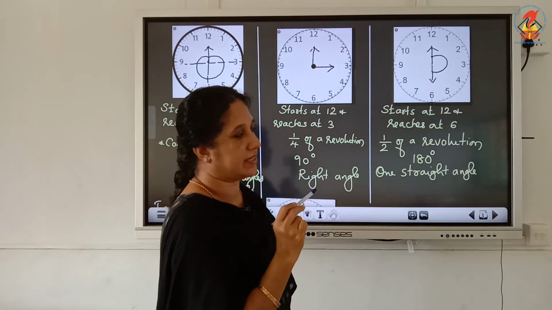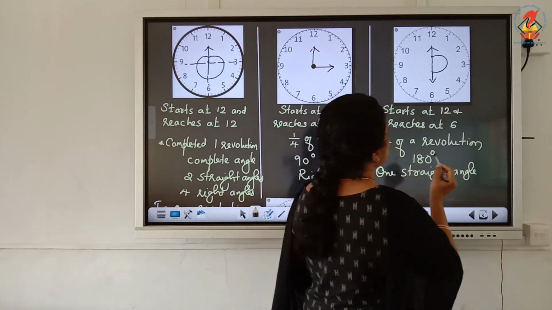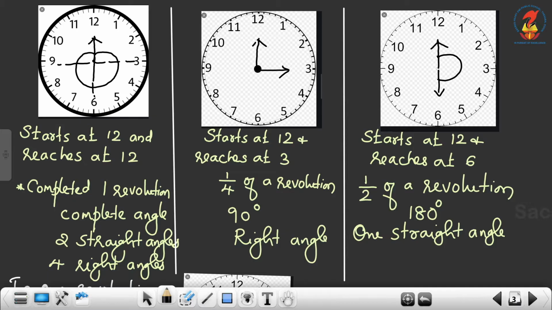It is 180 degrees. And we can say that it is half of a revolution. So, when the hand of a clock starts at 12 and reaches 6, it will be half of a revolution. And the angle turned is a straight angle. And the measure of a straight angle is 180 degrees.